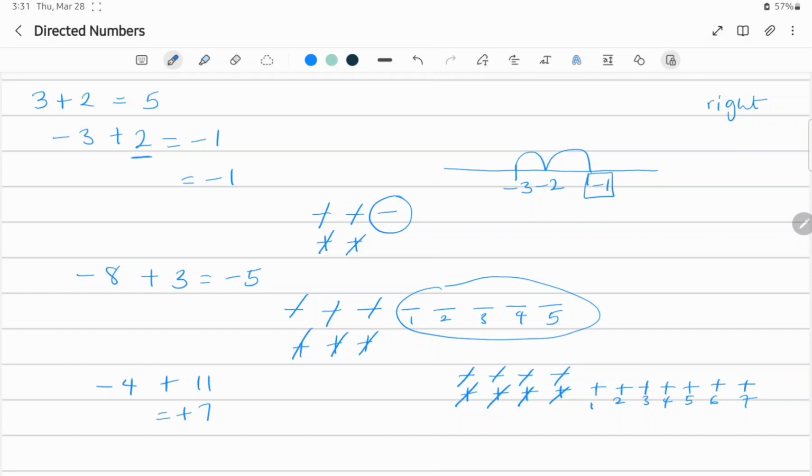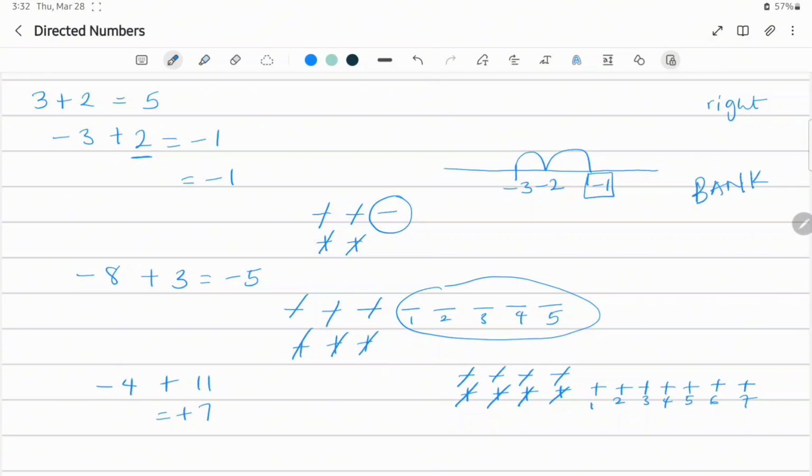Now, using a number line or using this method that I just described is limited. What do I mean? You can't use it for extremely big numbers. You can't start counting 70 minuses, 50 pluses, or thereabout. So we're going to use another approach which I call the bank approach.